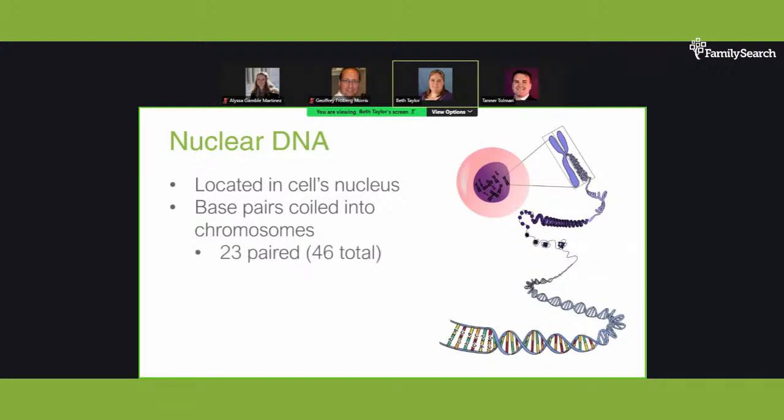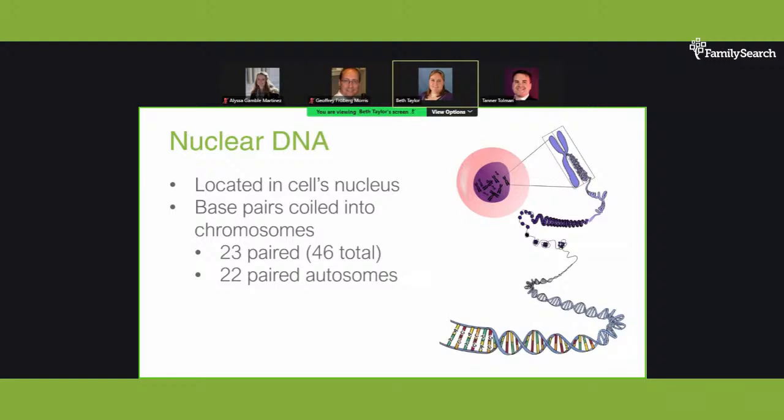You have a total of 46 chromosomes, 23 paired chromosomes. So they've got a counterpart. Out of those 23 pairs, 22 are known as autosomes. And we want to keep in mind this term autosomes because later we'll be talking about something called autosomal DNA.